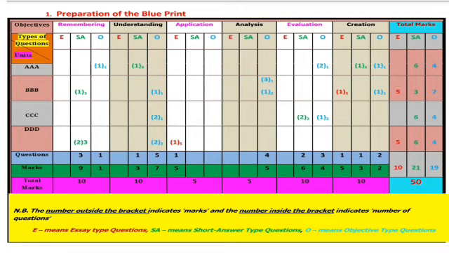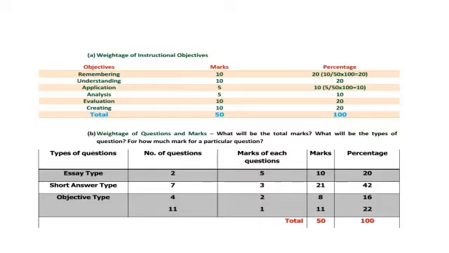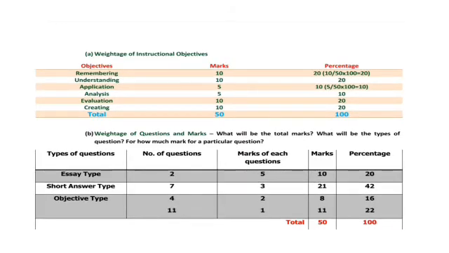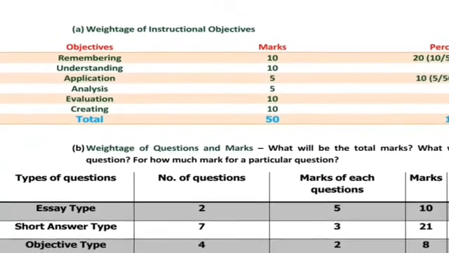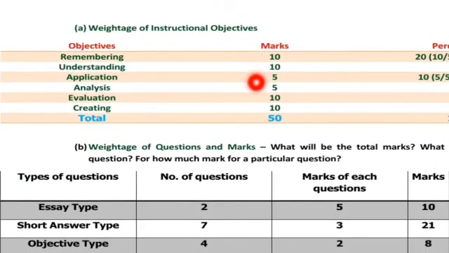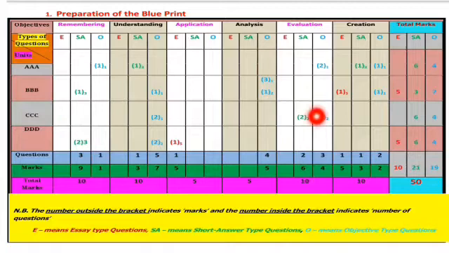So remembering you have 10, understanding 10, application 5, analysis 5, evaluation 10, creation 10. Check out here. It is correct.